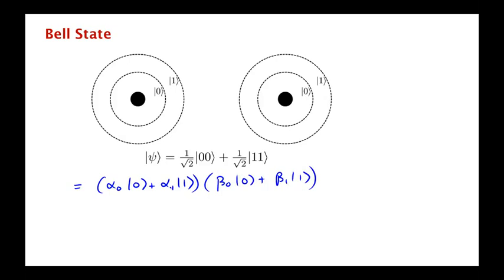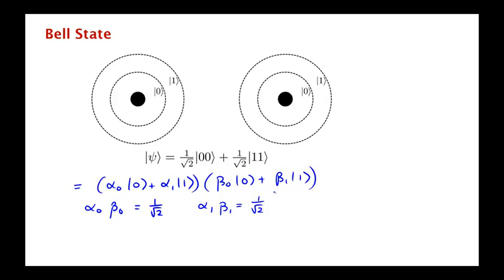We know that the amplitude of 0, 0 is a product of this and this. So alpha 0 times beta 0 is equal to 1 over square root 2. We also know that 1, 1's amplitude is alpha 1 times beta 1, equal to 1 over square root 2.